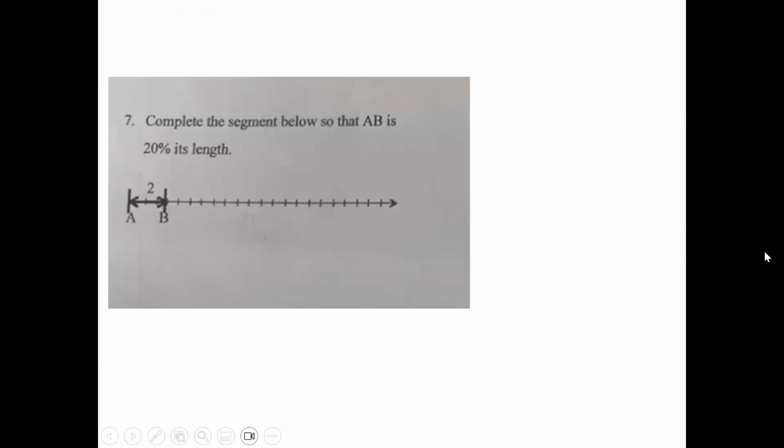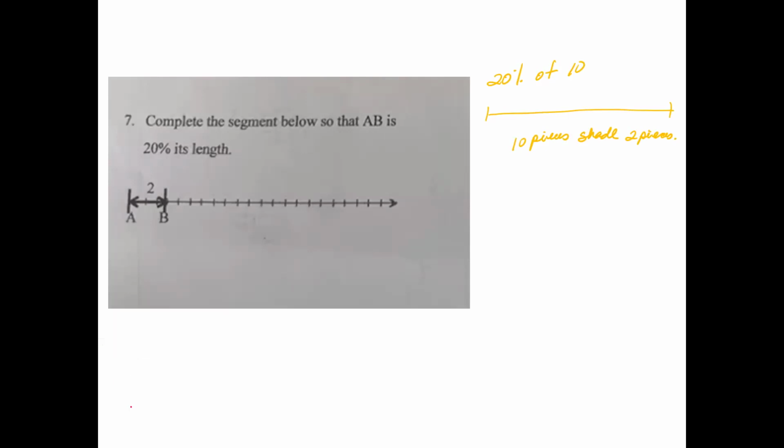Okay. 20% of its length, right? If your total is out of 10, 20% of 10 means that you cut it into 10 pieces. And you only shade how many pieces if it's 20%? 2 pieces, right?